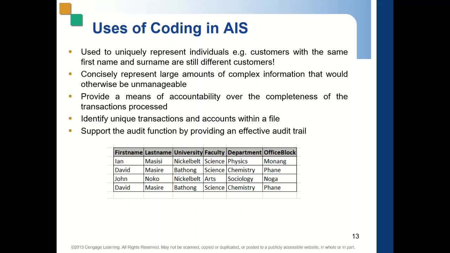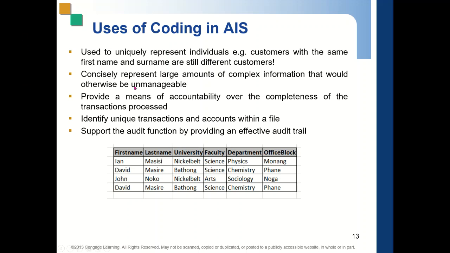Of course, if you are building a system for a university, for instance, your students will have IDs. Again, the idea there is that this code that we call ID will uniquely identify each individual student. Even if their names are the same and their surnames are the same and their dates of birth are the same and their nationalities are the same, and they are two separate individuals, we need a way in the system for us to be able to tell them apart. And we use codes to do that.